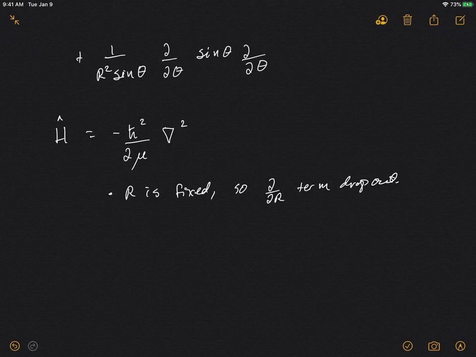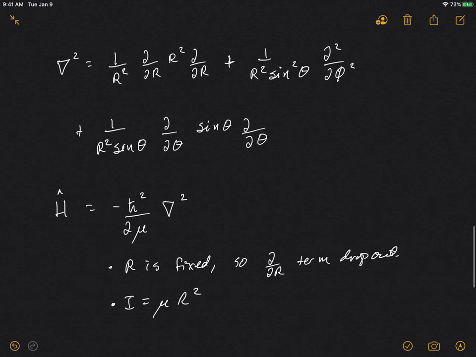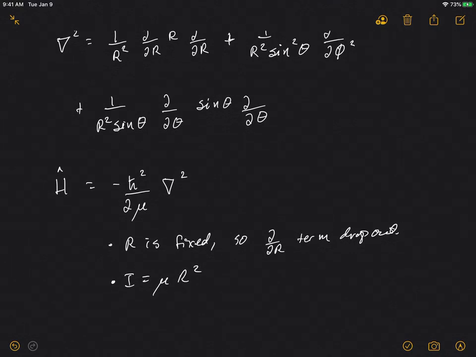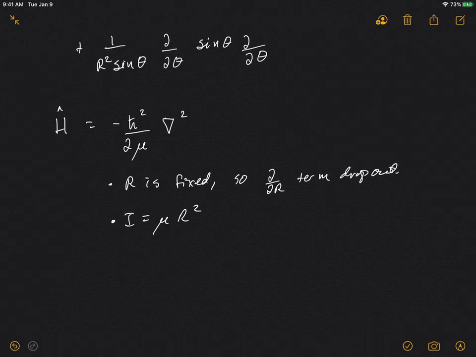The other thing that we can notice is that I equals mu r squared, and all of these other terms in our del squared have an r squared in the denominator, and then there's this minus h bar squared over 2 mu out front of the del squared, and so we can do a substitution there and use I instead of r squared, so that we won't even have r explicitly in our Hamiltonian.